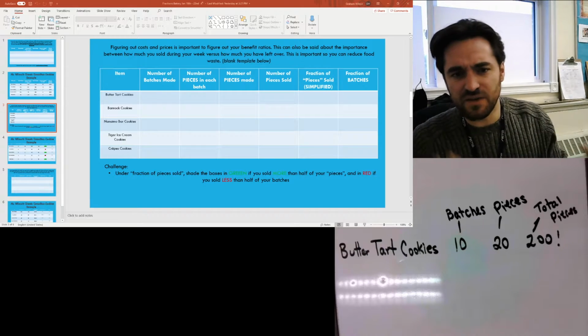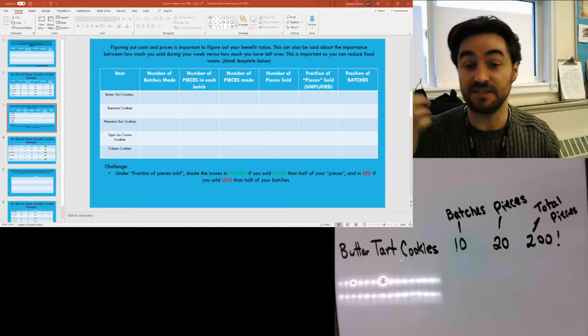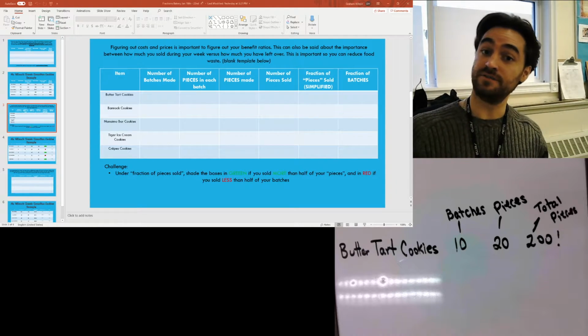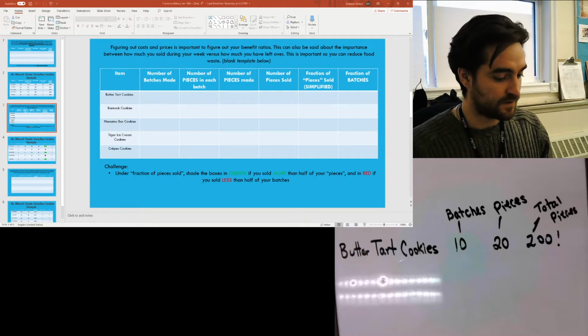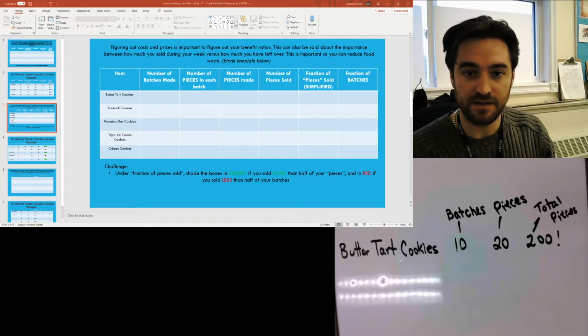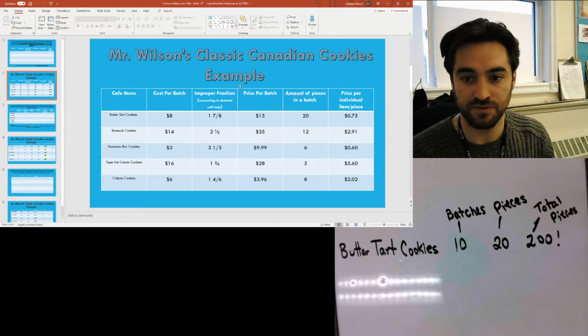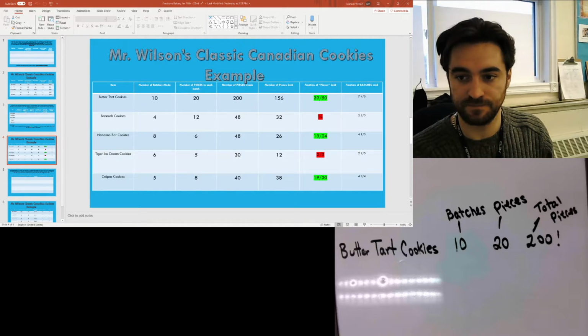Now for this, you get to choose the amount of pieces that you sold, obviously, to make this a little bit more challenging and realistic. Not every bakery sells all of their items in a store, so come up with a different number that you would like. So I will say that the number of pieces in my table that I sold was 156.